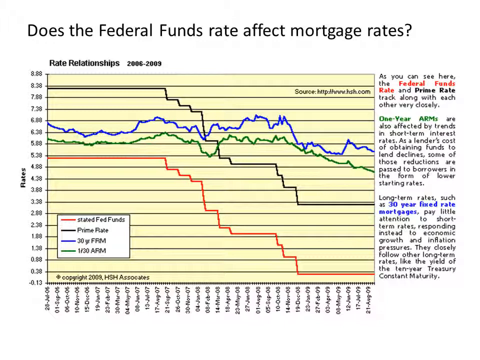And the reason is because mortgages are typically long term, 15, 20, 30 years. So the Federal Reserve does impact mortgage rates, but the 30-year mortgage doesn't mirror the Fed funds rate as closely as the prime rate does.